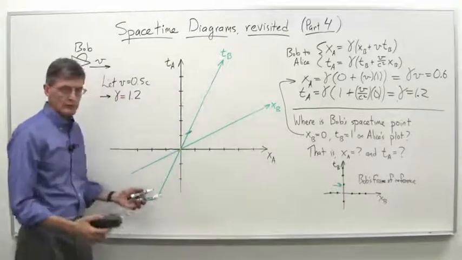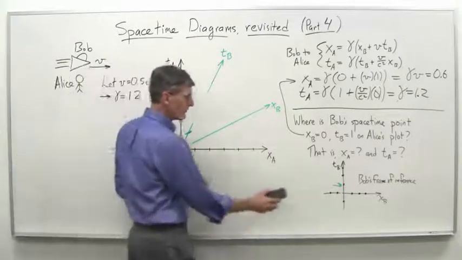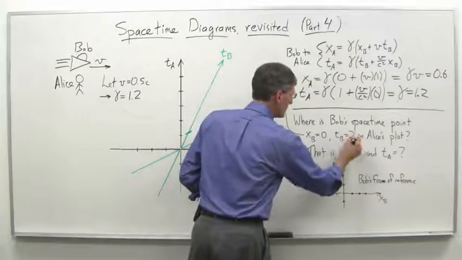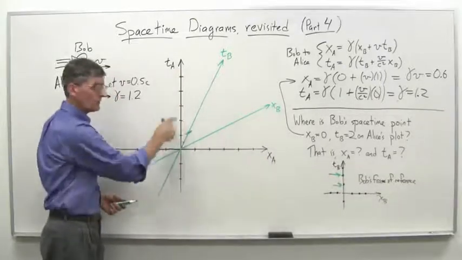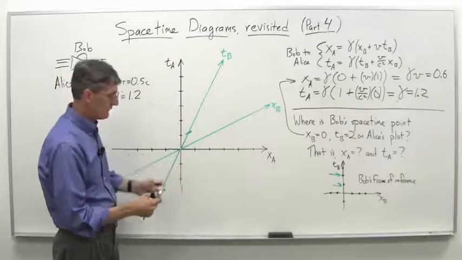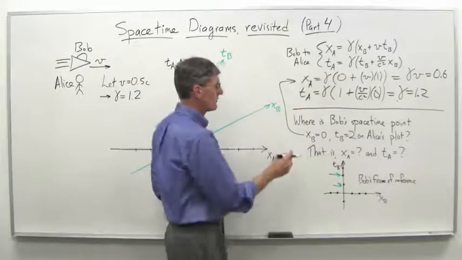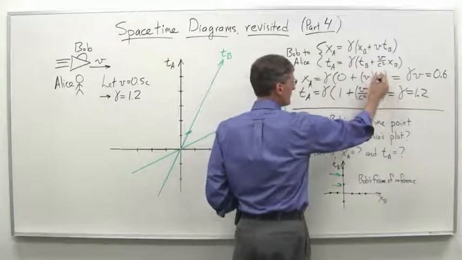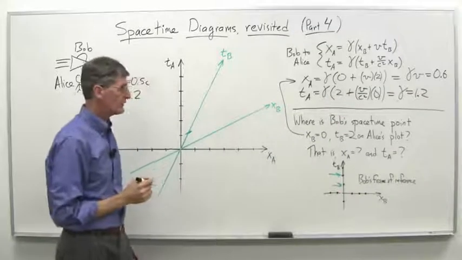Let's do another one, though. We won't do too many of these. Let's do one more for the t sub b axis. So let's change this, not t sub b equals 1, but t sub b equals 2. In other words, now we're looking at that point. Where does that point occur on Alice's plot, really? We can very easily change our equation. x sub b is still 0, so the zeros are still there, but the 1 just becomes a 2 here, and this one over here becomes a 2 for our second case.